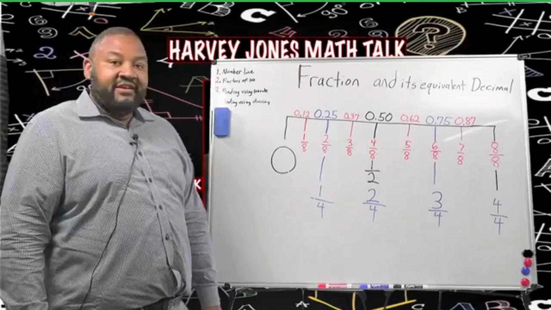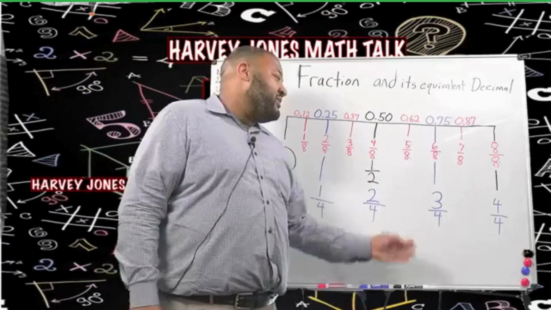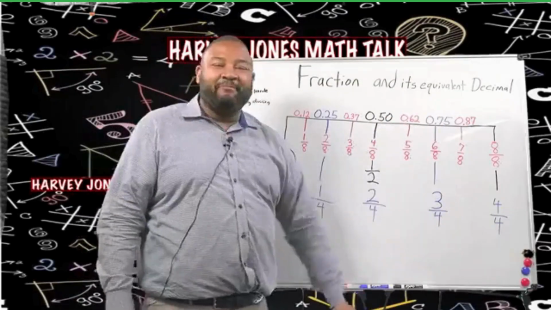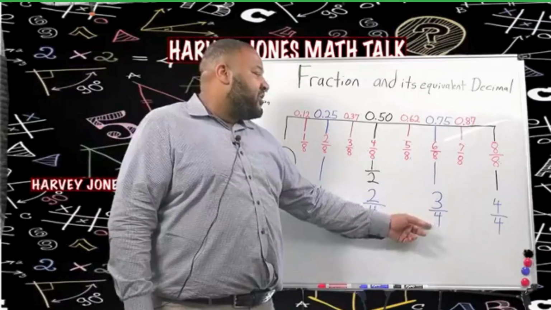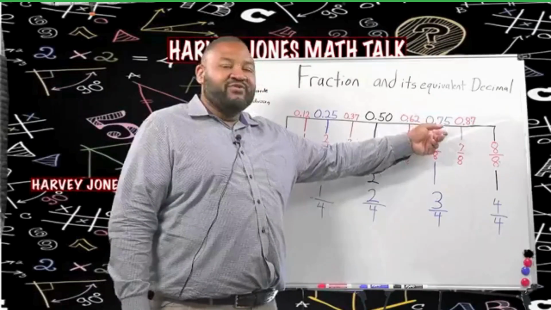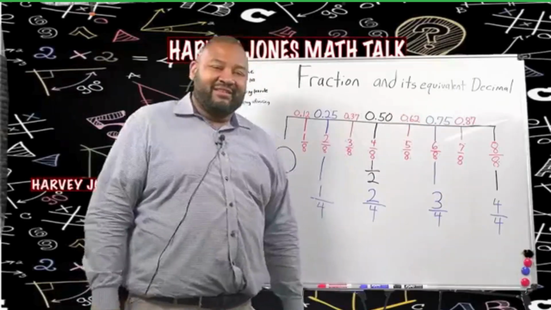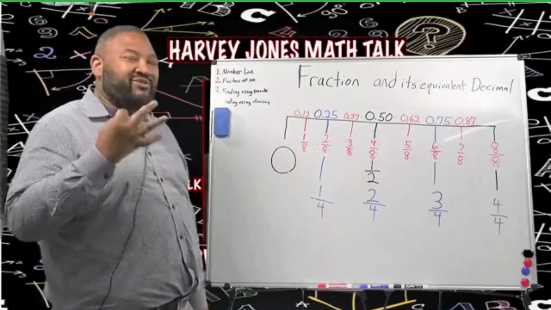Okay? We're in the 4th quarter. We're in the 3rd quarter. That means 3 fourths or 75 hundredths or 75% of the time has gone. 3 fourths, 75 hundredths or 75%. All of this is talking the same thing. Once again, fractions, decimals, and percents, all of those are related.